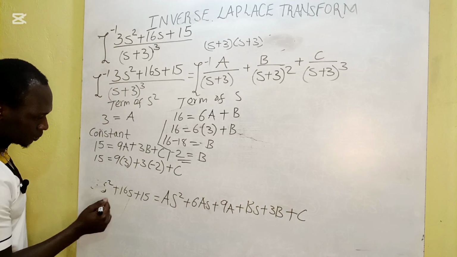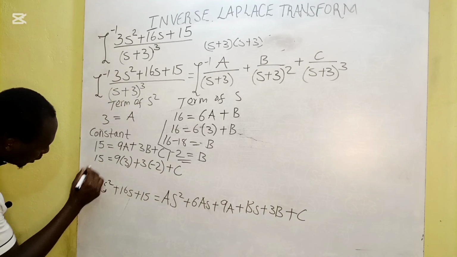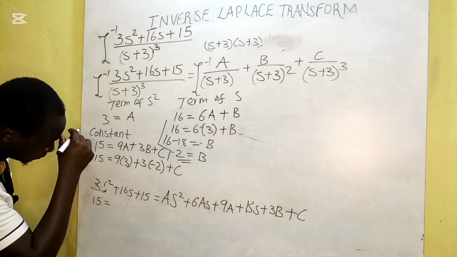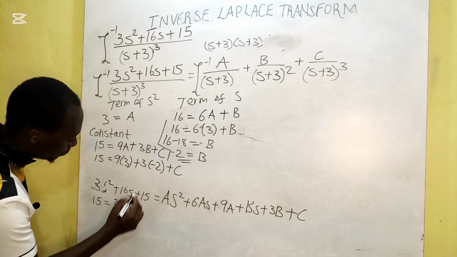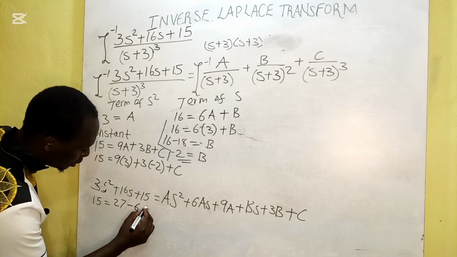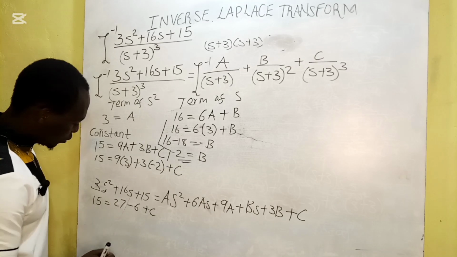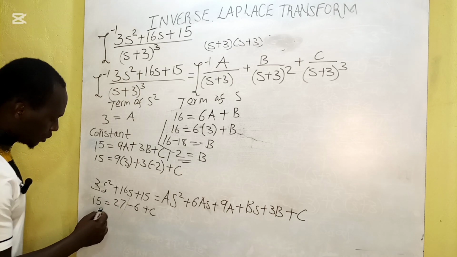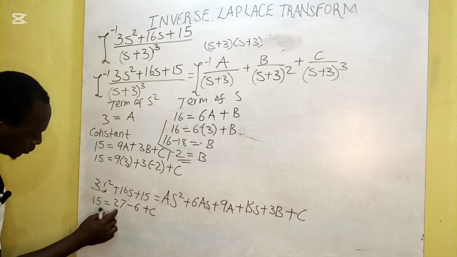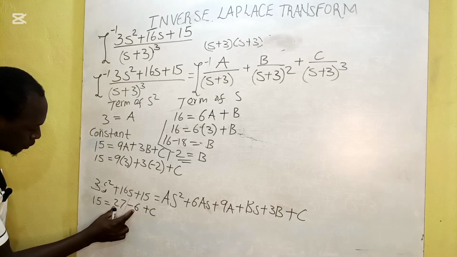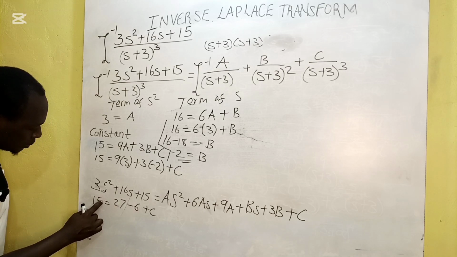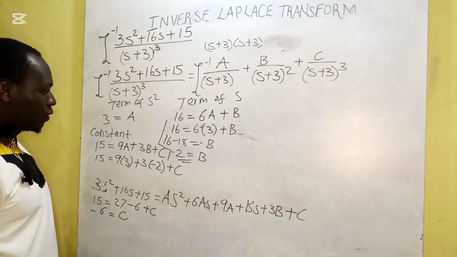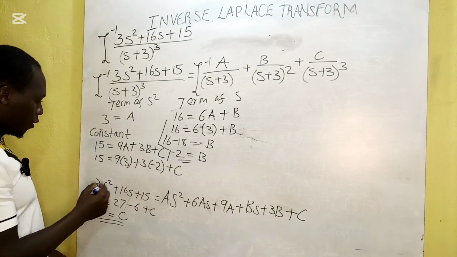To mean that now we can come and have our value of c. Here we are going to have 27. We subtract from 6, we add to c. These two, we are going to have 21, a positive of 21, to mean that the value of c now is going to be equals to, when we take positive 21 to this side, we are going to have a negative of 6 is equals to the value of c.